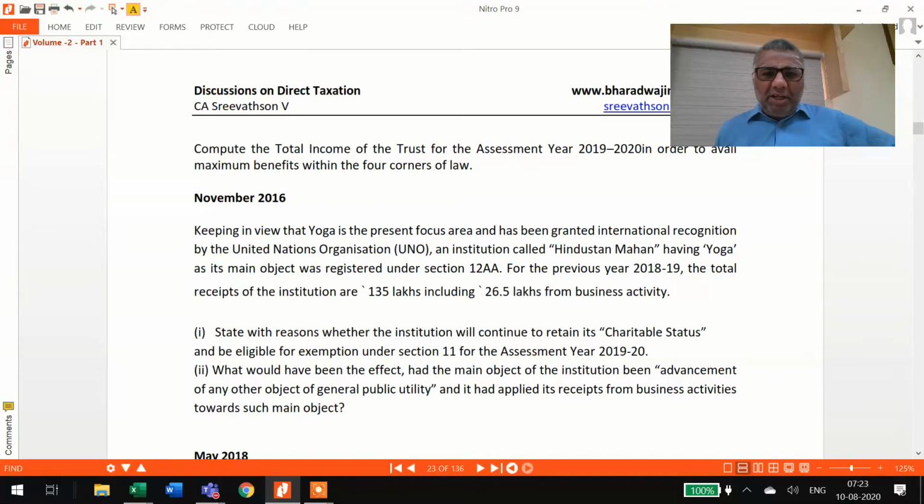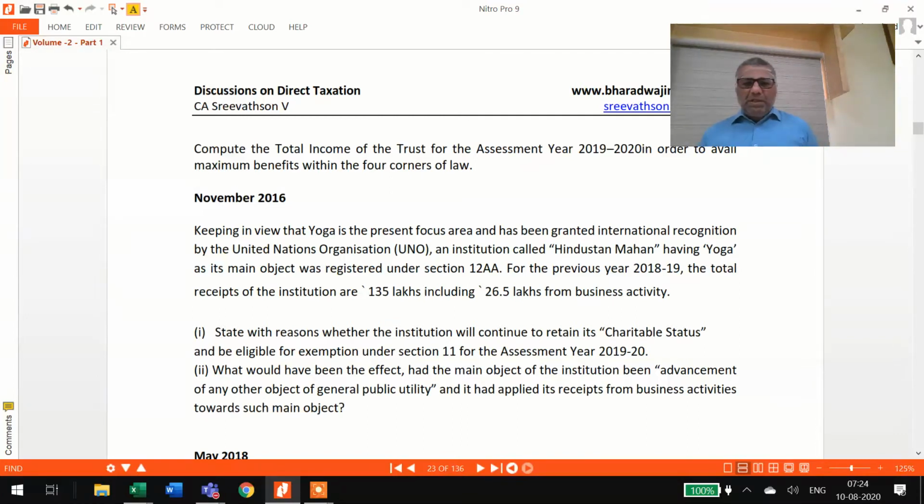It is after the introduction of yoga. So I'm keeping in view that yoga is the present focus area and has been granted international recognition by UNO. An institution called Hindustan Mahan, having yoga as its main object, was registered.